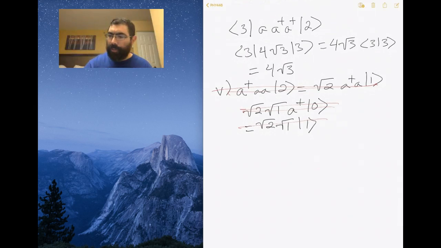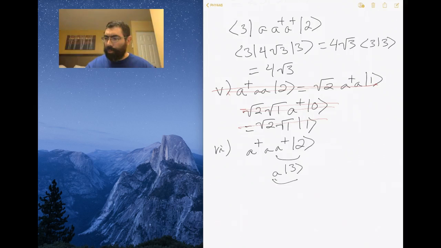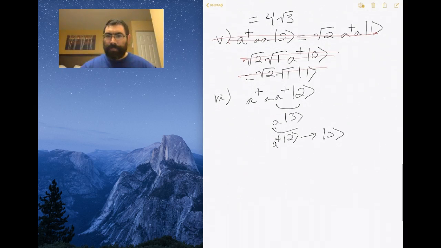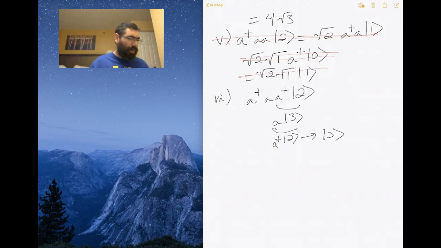Okay, so let's look at the sixth term. The sixth term is A dagger A dagger operating on 2. So let's see, A dagger is going to raise it up to 3. Now, A on that is going to lower it down to 2. And A dagger is going to raise it up to 3. So this one is going to work. I shouldn't have stopped there. I should have just worked it out.